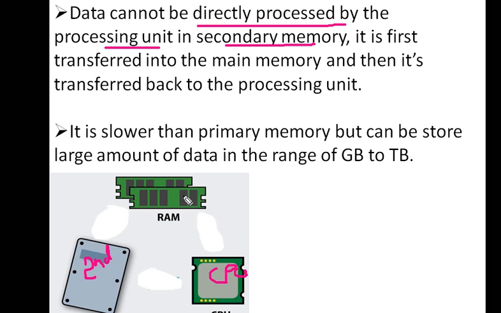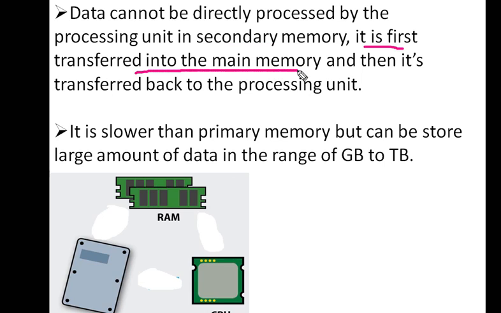This is your RAM. So data cannot be directly processed by the processing unit, meaning the CPU. But how will it be processed? First, whatever content is there is transferred into the main memory, that is RAM.